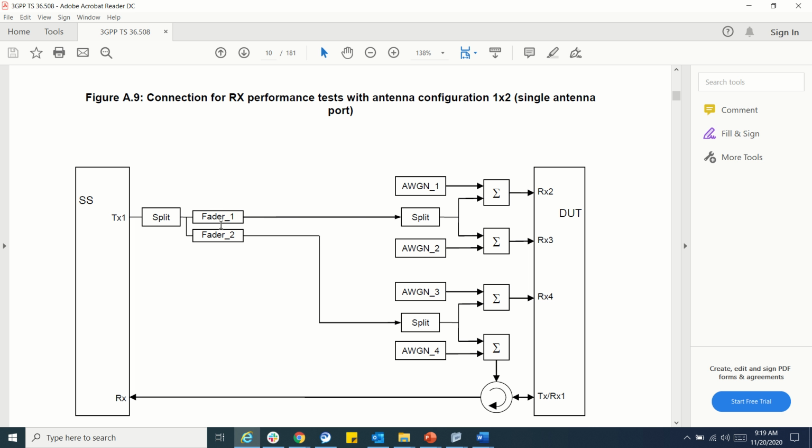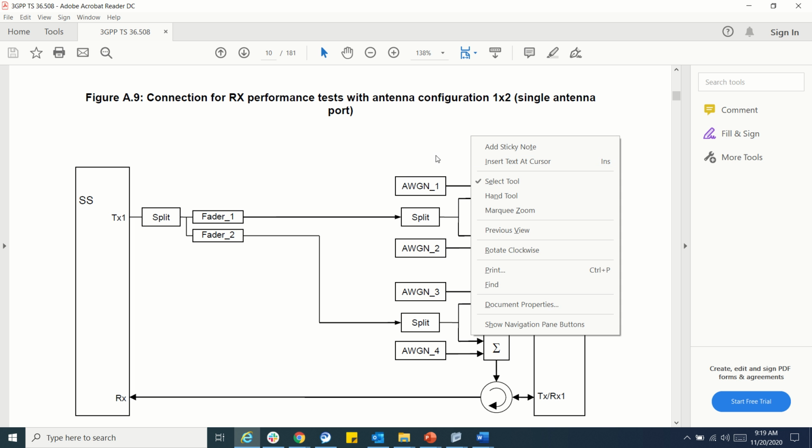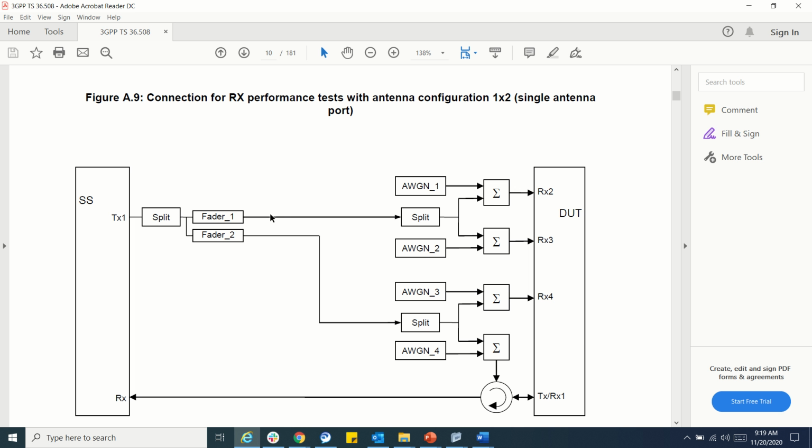Those kinds of test cases will be measured by employing these setups. You can see here AWGN is also being added, a splitter, several components, and this is called a combiner. Here it gets split and then combined here. Why do we use a combiner? In order to handle multiple inputs.